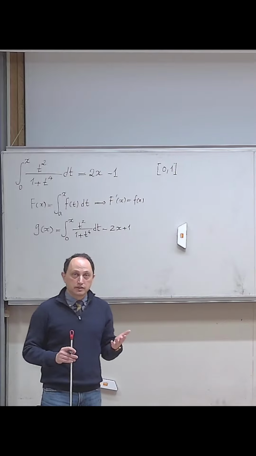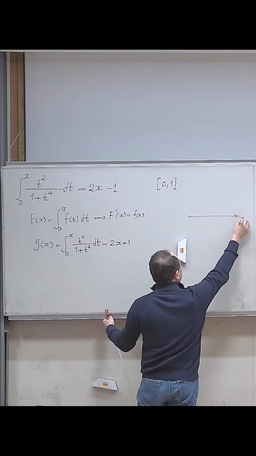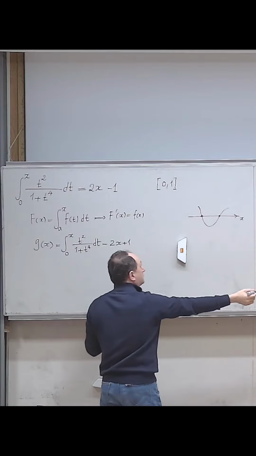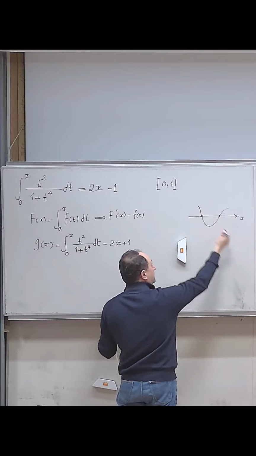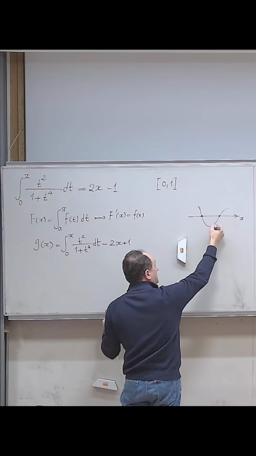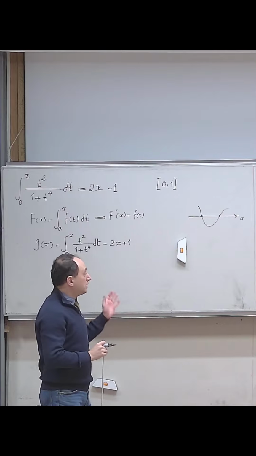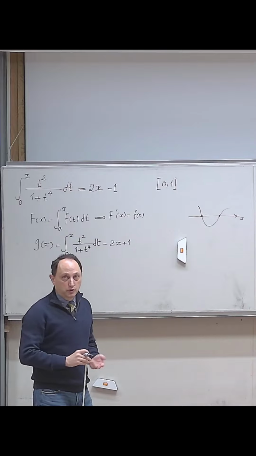It cannot cut the x-axis in more than one point, because if this is the x-axis and the graph of your function is supposed to cut the x-axis more than one point, the function, as you see, is not strictly decreasing. It is decreasing at some point, but it has to be increasing on some other intervals, so that it will be able to cut the x-axis in more than one point.